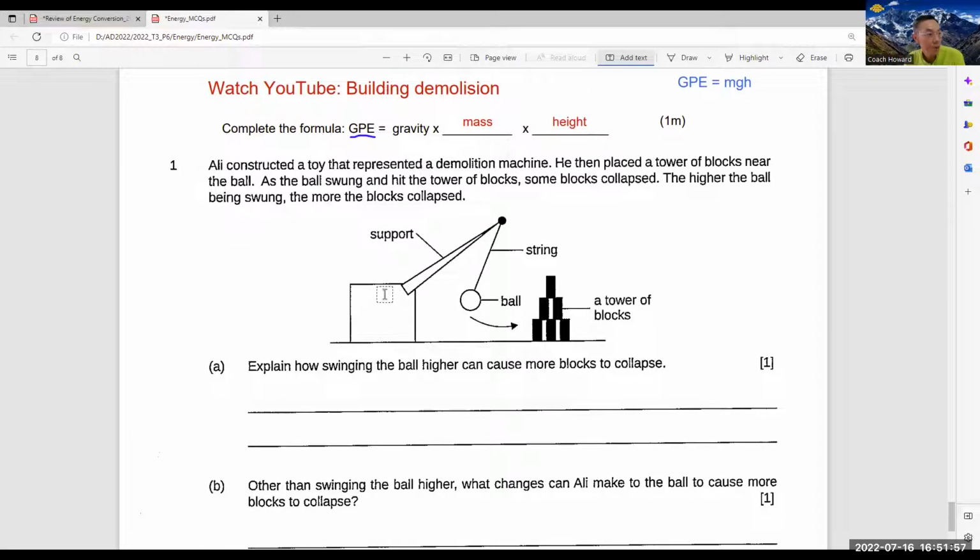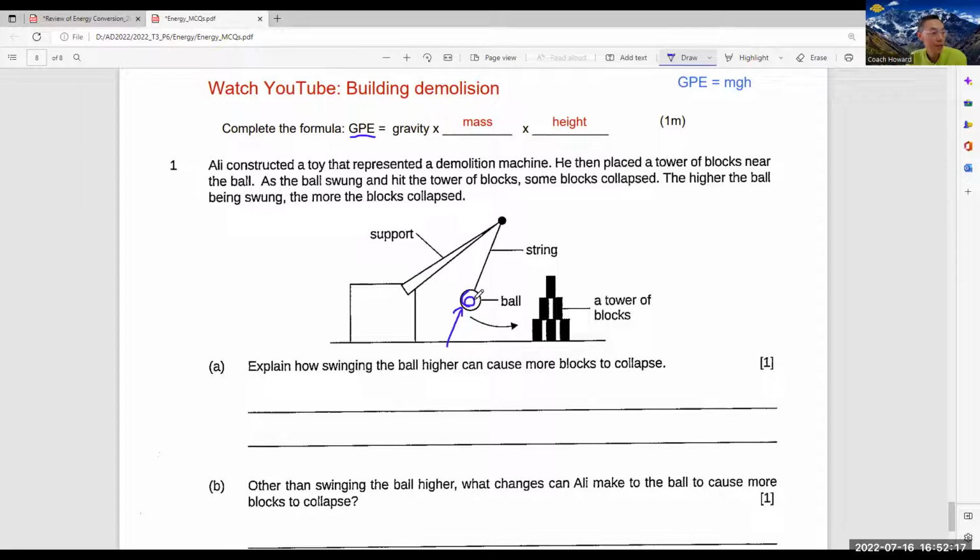Now you see this part. They say this is a toy that represents a demolition machine. In Singapore, it's quite difficult to see a demolition machine, so I like to show this video clip. In some countries, they use this, it's called a whacking ball.